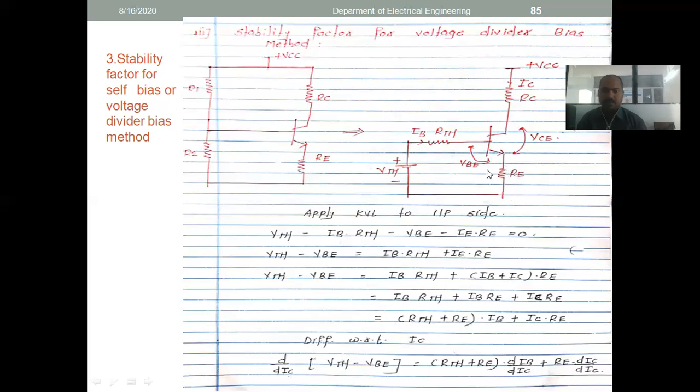So the total is plus VTH minus IB into RTH minus VB minus IE into RE, which is equal to 0, right? This is what we get when we apply KVL, right?